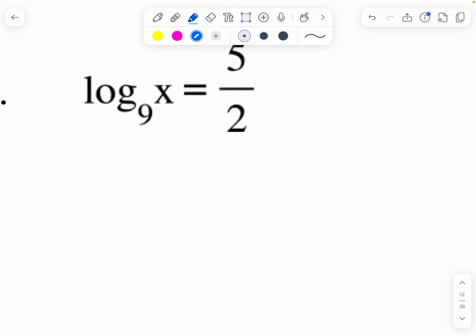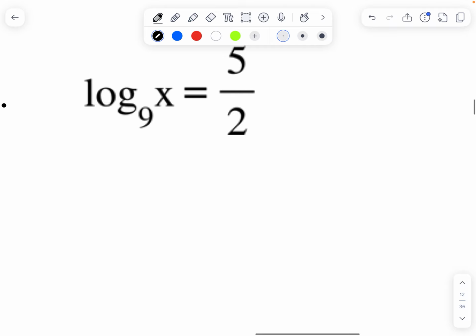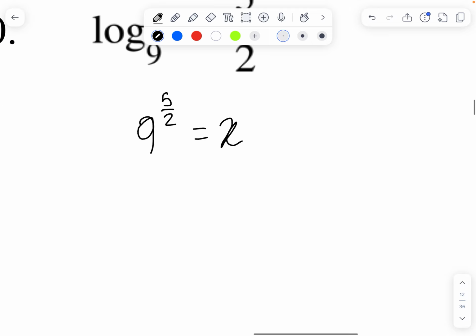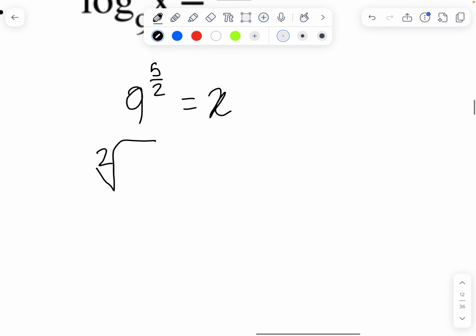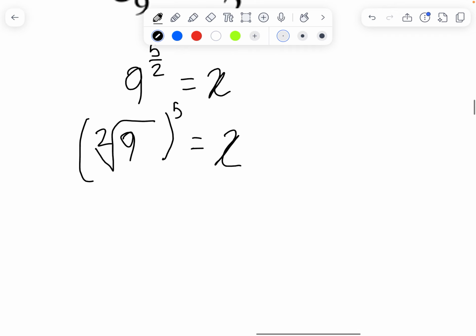Okay, so this question is also really easy because all we have to do is convert this into exponential form. So 9 to the power of 5/2 equals x. So this means the square root of 9 to the power of 5 equals x.